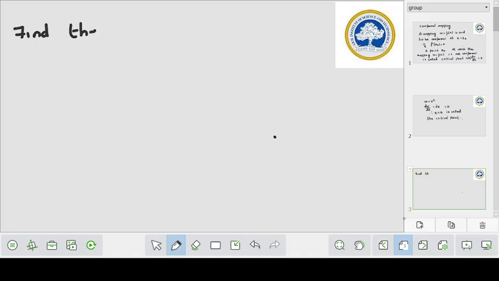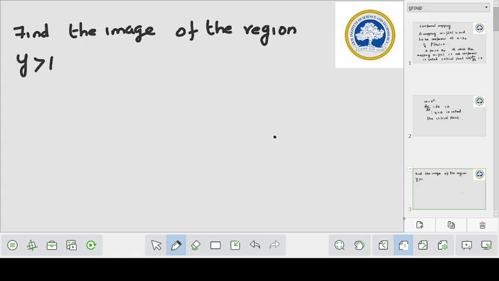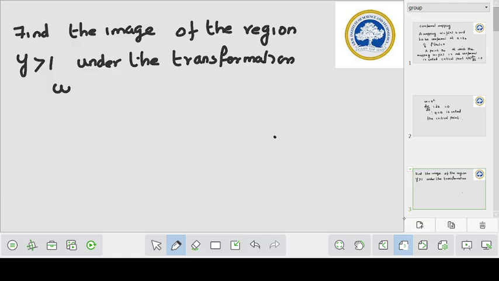Find the image of the region y greater than 1 under the transformation w equal to 1 minus i into z.